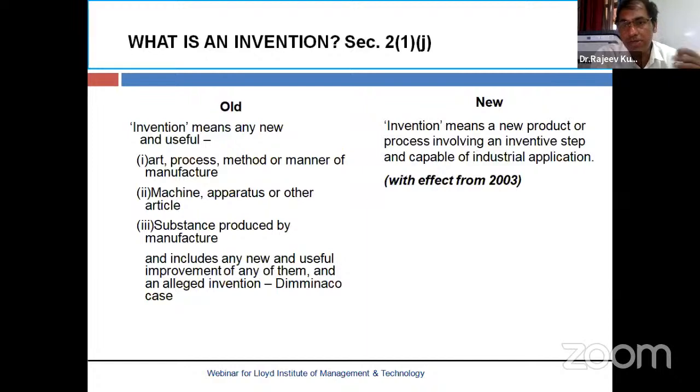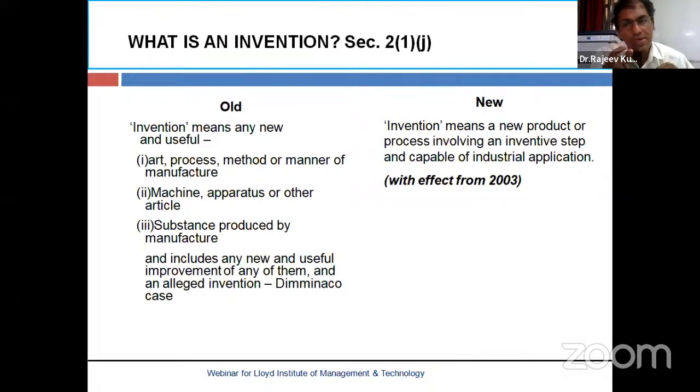You have added a step. For example, you're synthesizing an antibiotic, and the conventional process says step A, then step B, and step C, but you've included another step, which I will call the inventive step, and that should lead to substantive improvement, either in the efficacy, the productivity, or the economy of the whole process.